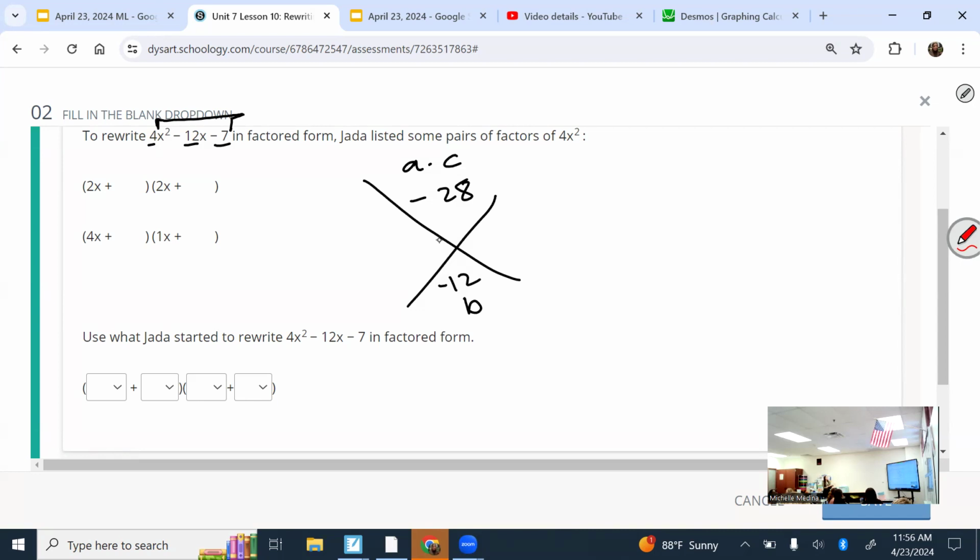Does 7 and 4 possibly give me a negative 12 when I add those? No, so it must be a different combination.